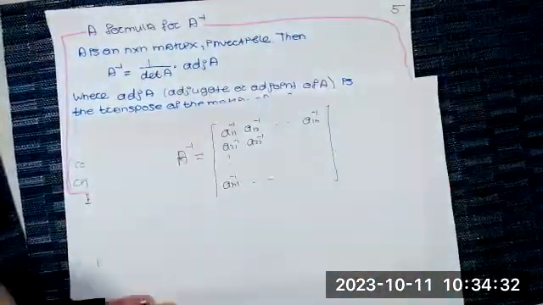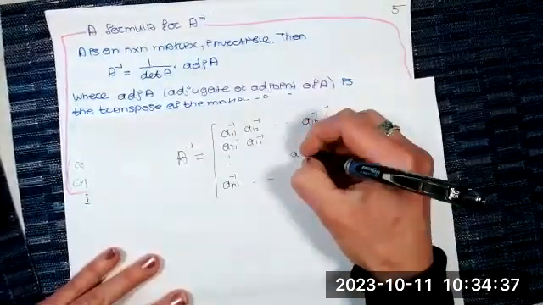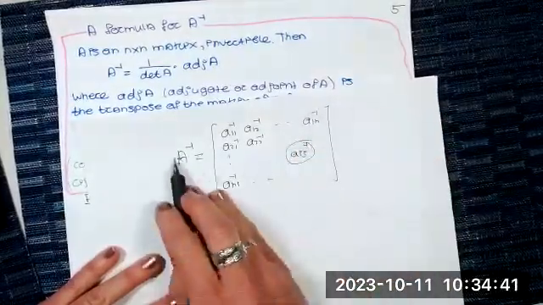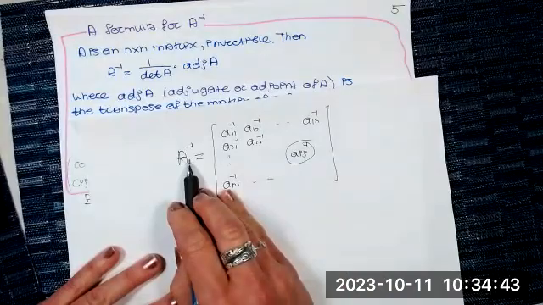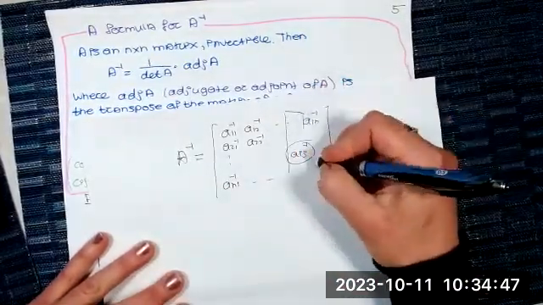I'm trying to get the general formula for Aij inverse, the ijth component of A inverse.